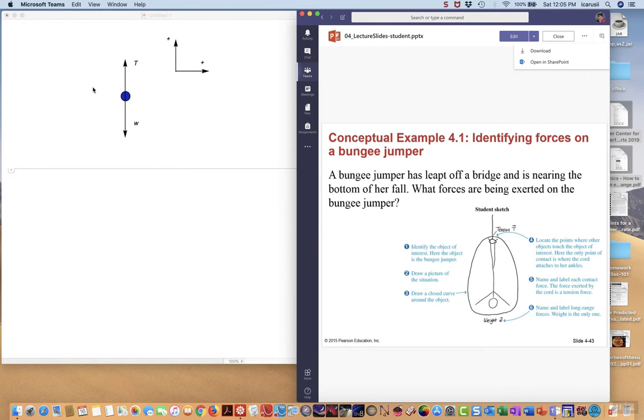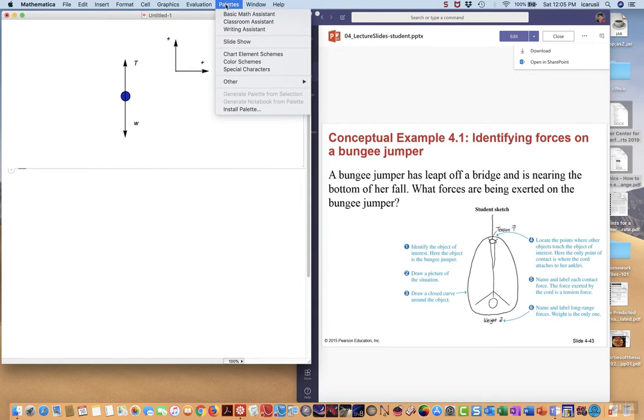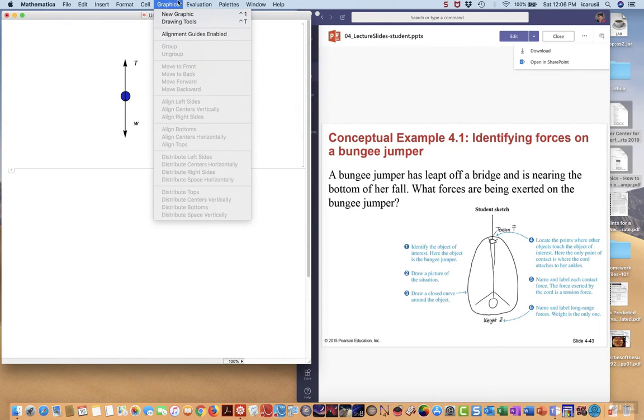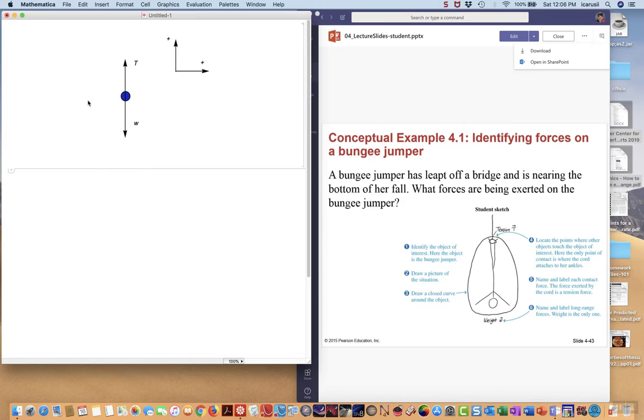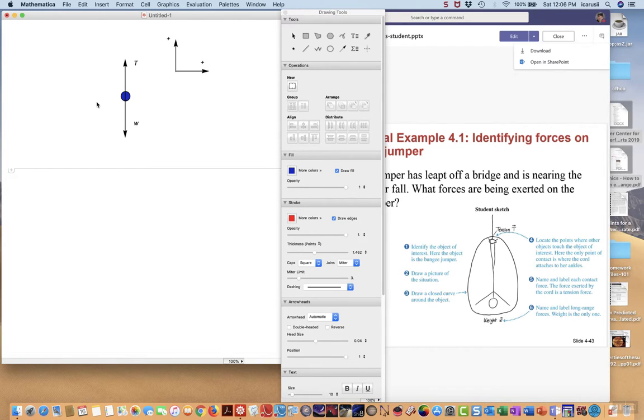The acceleration, assuming that the bungee jumper is heading down this way, so her acceleration, let me pull up my tools again. The bungee jumper has an acceleration downward. So there we go. That's the acceleration of the bungee jumper.